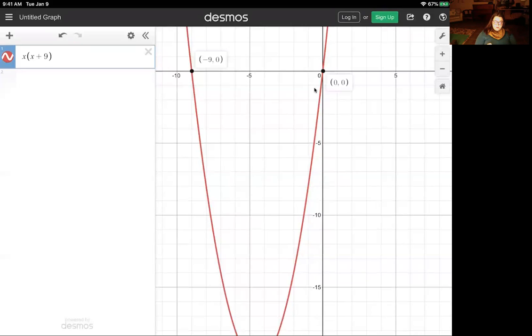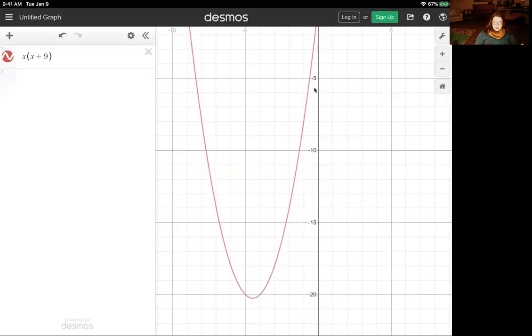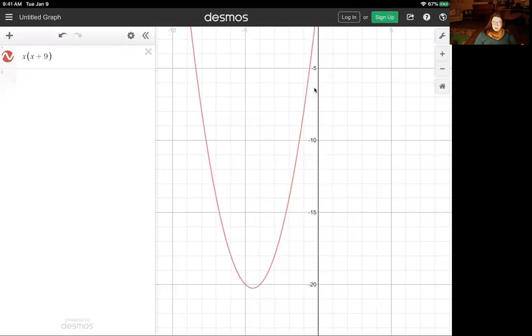So negative 9 and 0 are going to multiply to 0, but a smaller product than that is going to be this vertex here. One of the numbers is negative 4.5, and if you multiply that by 4.5, the product is part of the vertex, which is negative 20.25.